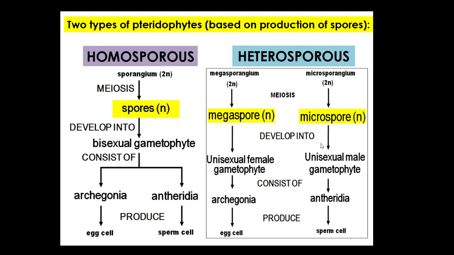That unisexual male gametophyte will consist of antheridia. Cells in the antheridia will produce sperm cell. So essentially what it is saying is, if it's homosporous, same plant, egg cell, sperm cell. Heterosporous, different plant, either egg cell or sperm cell, satu saja.